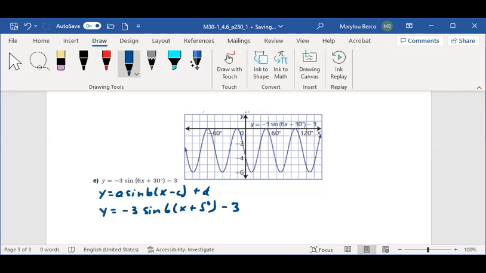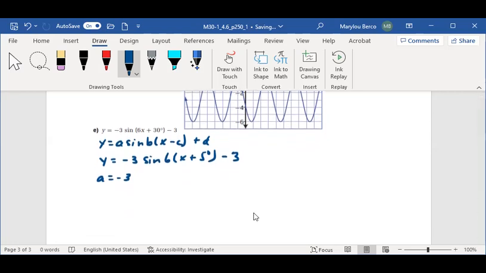Okay, so we have a equals negative 3, b equals 6, c equals negative 5, d equals negative 3.